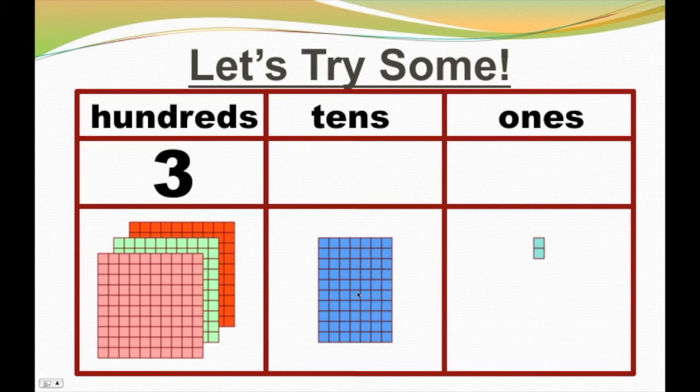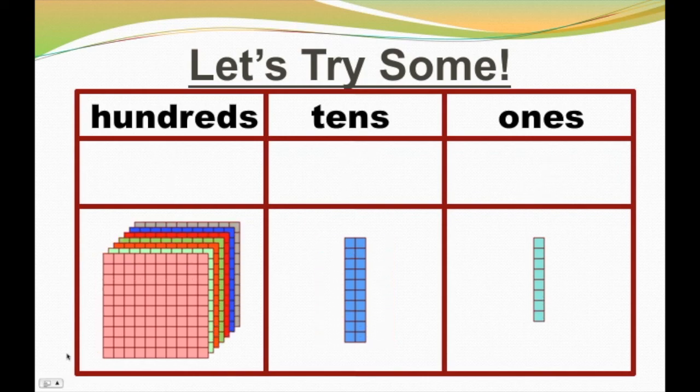So since I've got 7 groups of 10, I'll put a 7 in the tens place. And how about in my ones place? Well, I've got 1, 2 ones, therefore I'll put a 2 in the ones place. So therefore, altogether, these boxes give me the value of 372.